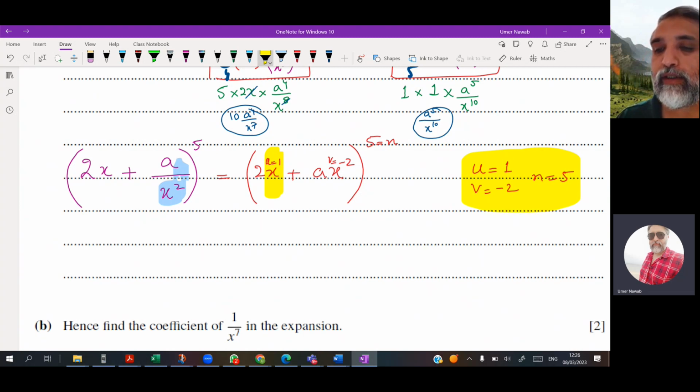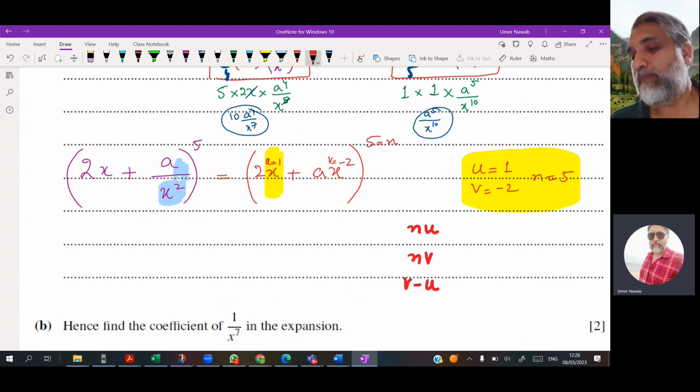With the help of these three numbers, you will be able to identify the power of the first term. So you need to find nu. nv will be the power of the last term, and v minus u will give you the step of the powers.